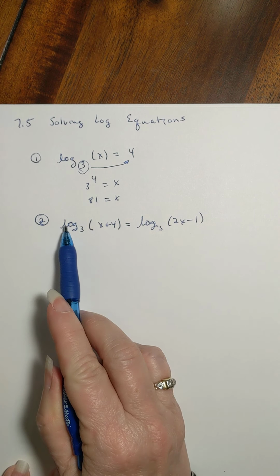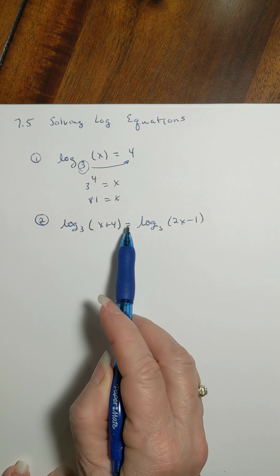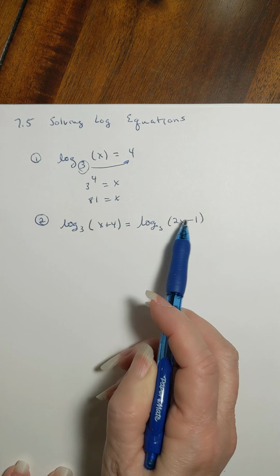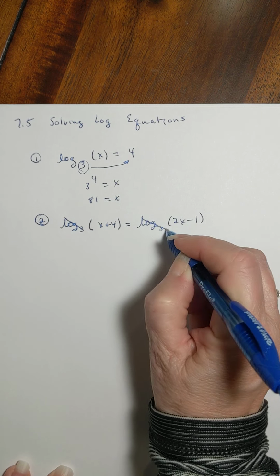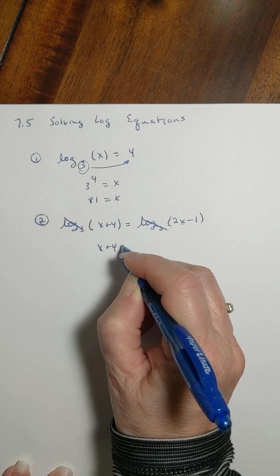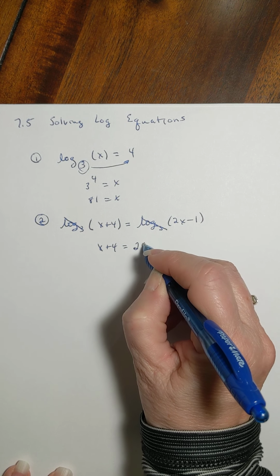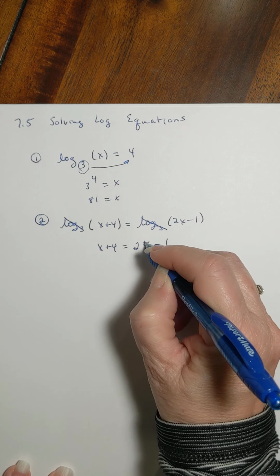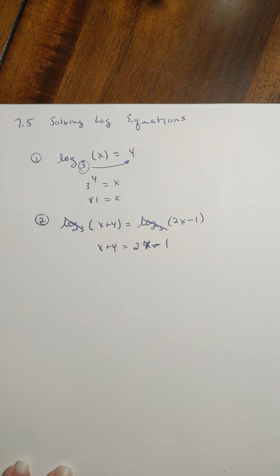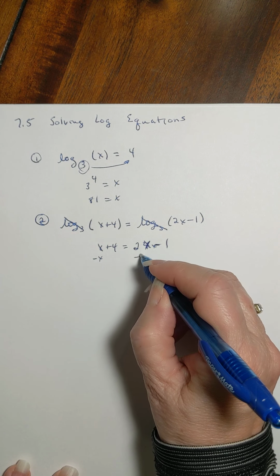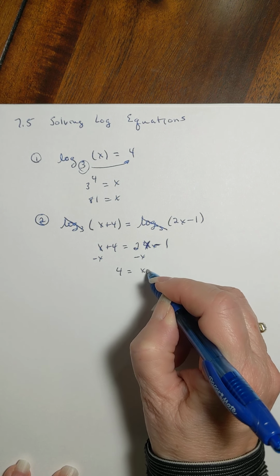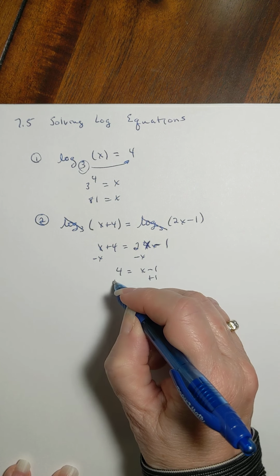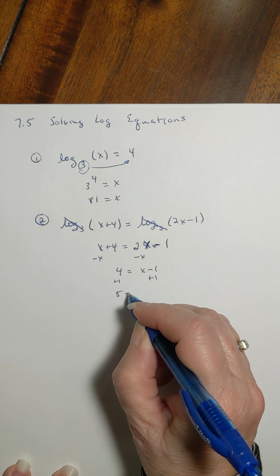I can scratch the logs and I get x plus 4 equals 2x minus 1. Then subtract the x, and 4 is equal to x minus 1, add the 1, and I get 5 is equal to x.